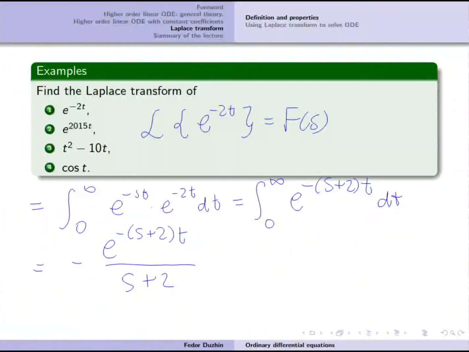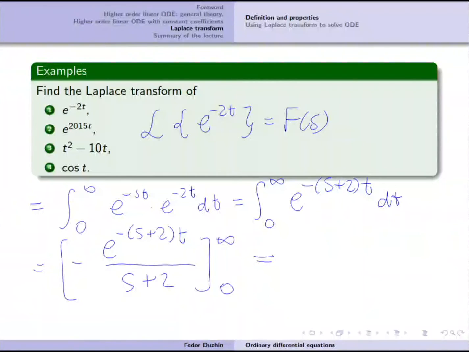That's the antiderivative, and the integral should be from 0 to infinity, so we have to take this change from 0 to infinity. Yeah, but here we have an interesting thing. So notice that if s plus 2 is a positive number, then the exponent is negative, and the limit of e to the minus (s plus 2)t as t goes to infinity is 0. Then everything is all right.